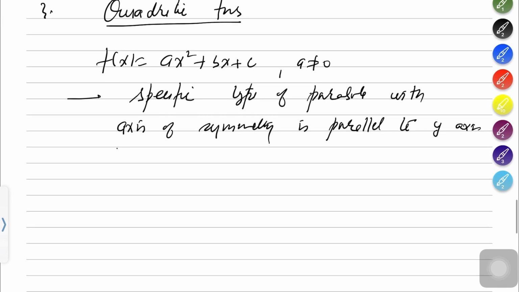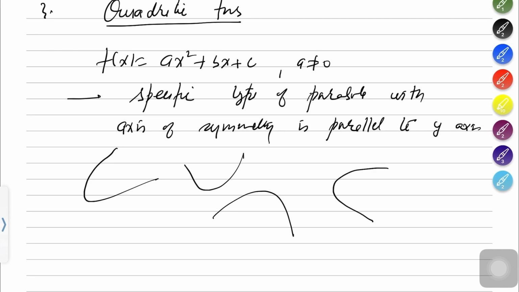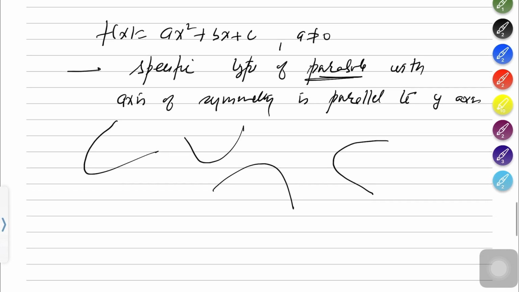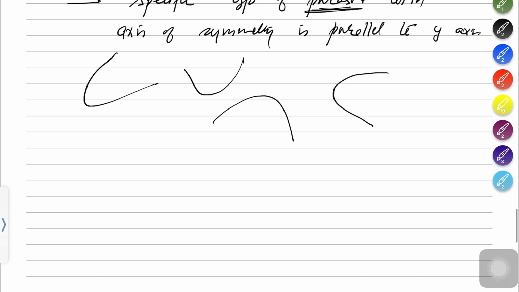Okay, so the parabola can be this, this, or this. There are many ways to draw a parabola. So it's that type of parabola whose axis of symmetry is parallel to the y-axis.